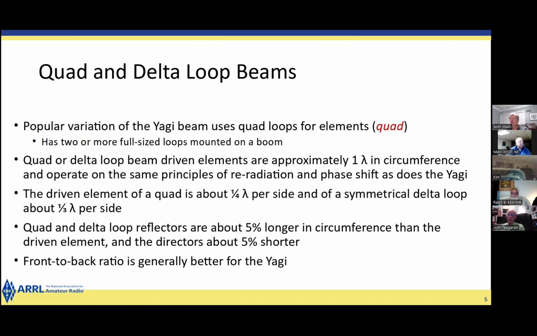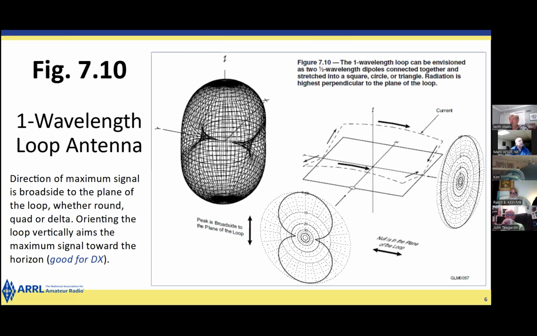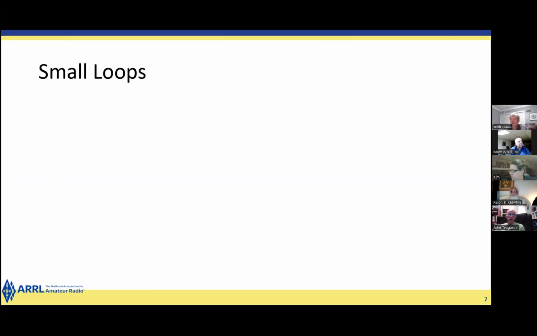And the front to back ratio is generally a little better than the Yagi. Now, here's a representation of a quad loop antenna. What's the advantage of a quad loop for HF? It'll fit into a smaller space on a lot.